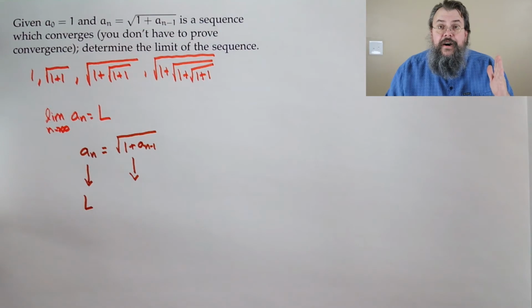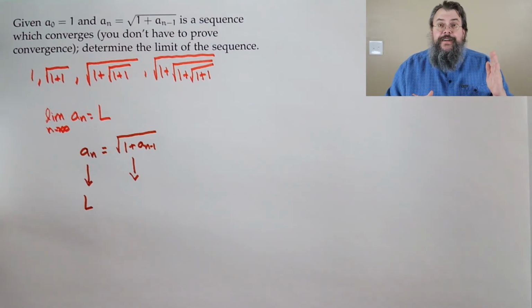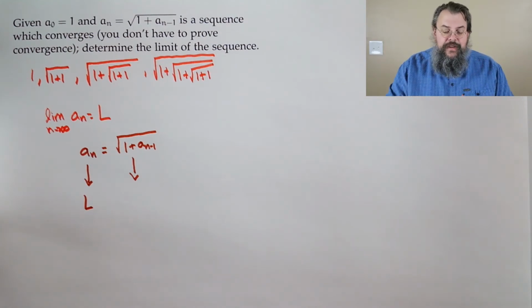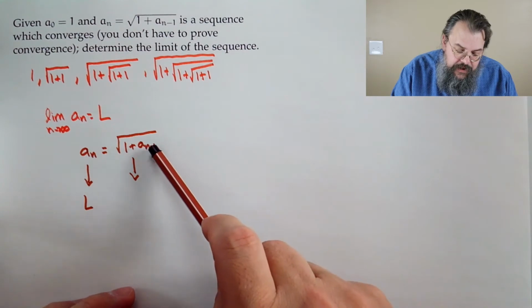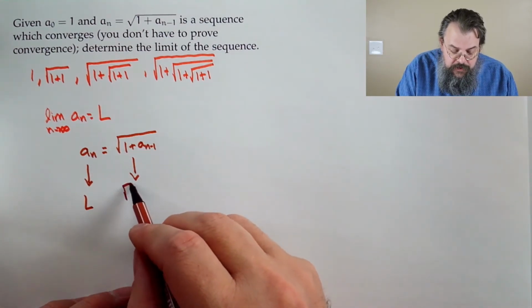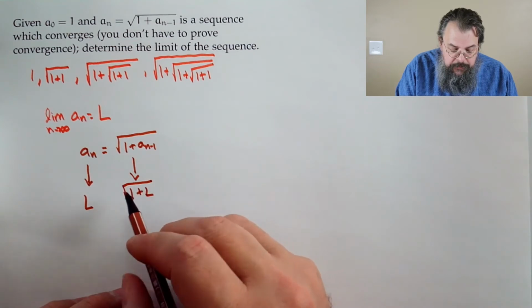It's close to L because I'm going to L. Where is a sub n minus 1? It's right next to it. So if all the terms are getting close to L, then if I just shift over by 1, I'm still getting close to L. So the key here is that this also gets close to L. So that's going to the square root of 1 plus L.